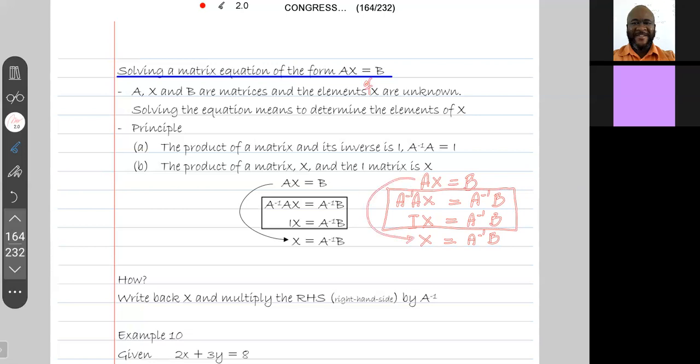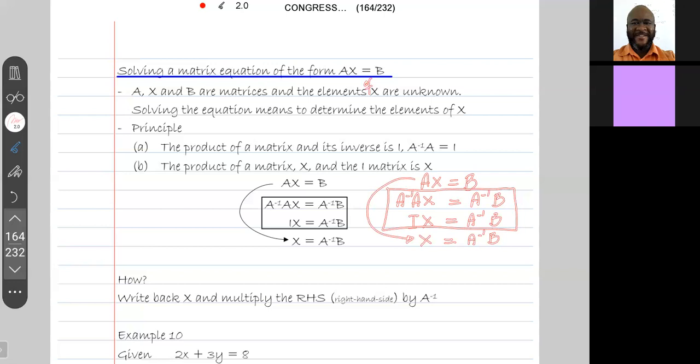In other words, to solve a matrix equation of the form AX is equal to B, I simply write back X on the left-hand side of the equation and multiply the right-hand side of the matrix equation by A inverse.